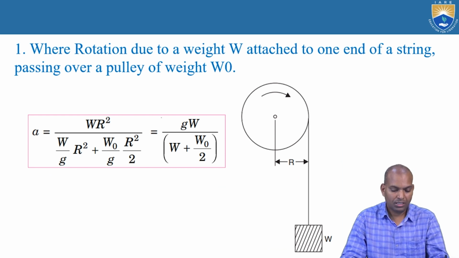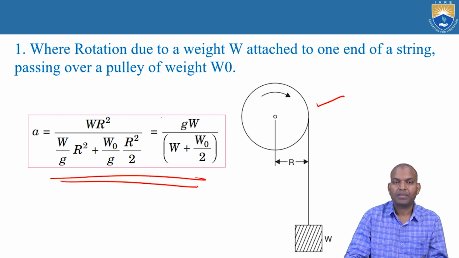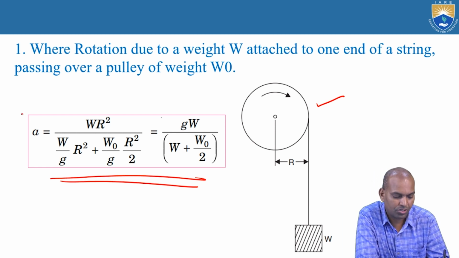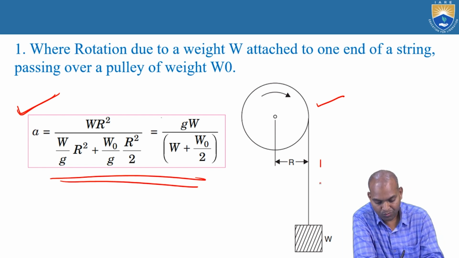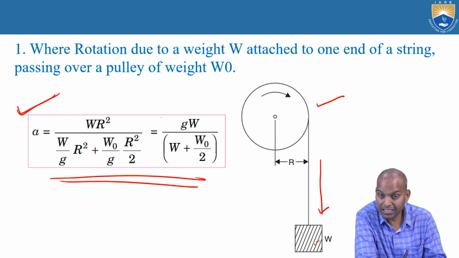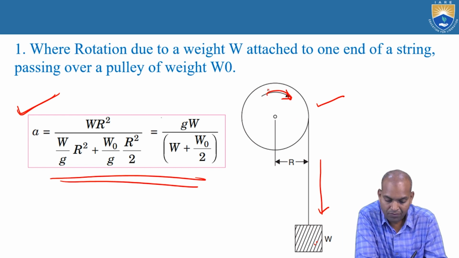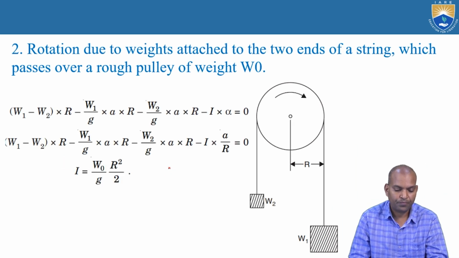Whenever this type of case study comes, we have to apply this derived expression to solve for the linear acceleration of the weight. The weight has linear acceleration, and the pulley has angular acceleration. For angular acceleration, we already derived the expression. For linear acceleration, A equals G W by W plus W naught by 2.